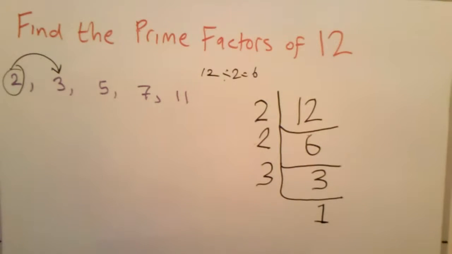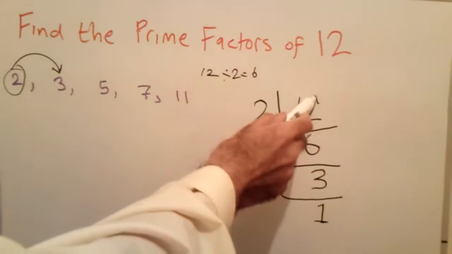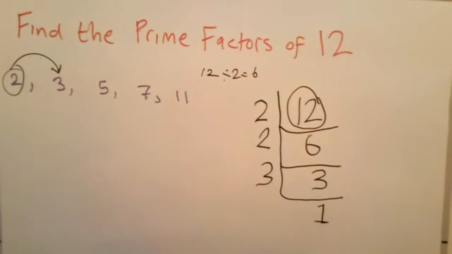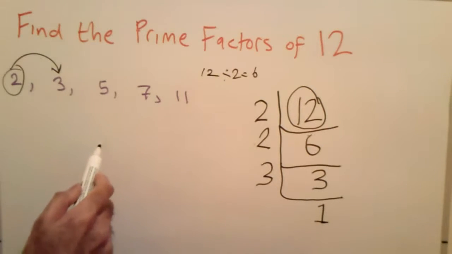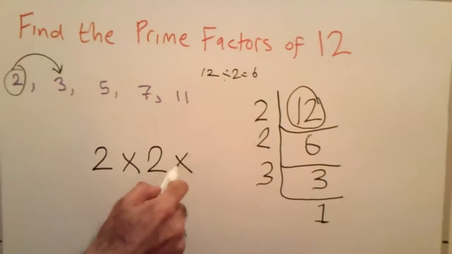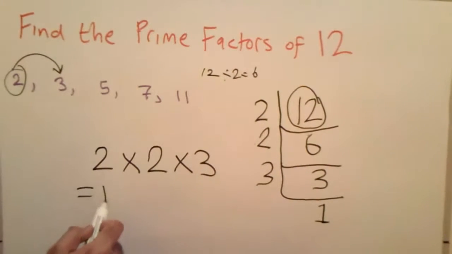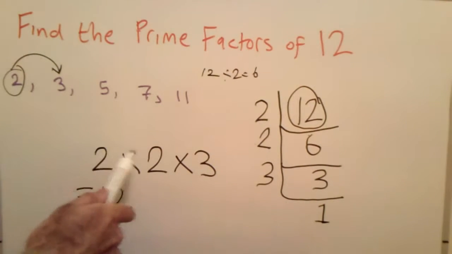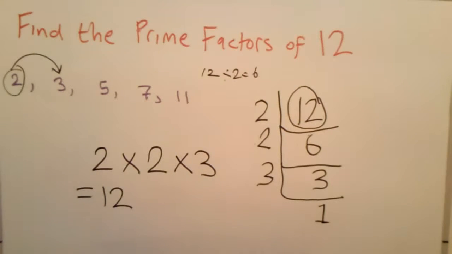Now once we have the answer of 1, we basically stop. That's telling us that we found all the prime factors of 12. We just write down the prime factors of 12 as 2 times 2 times 3, which is equal to 12. 2 times 2 is 4, 4 times 3 is 12.